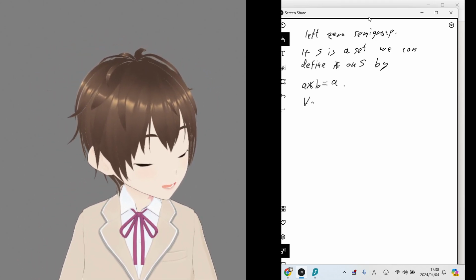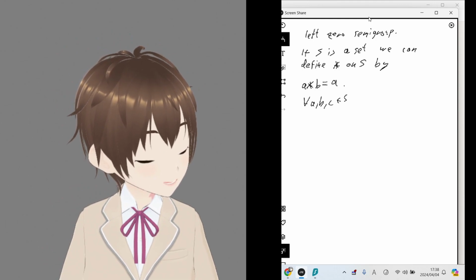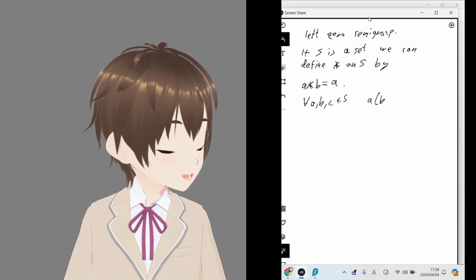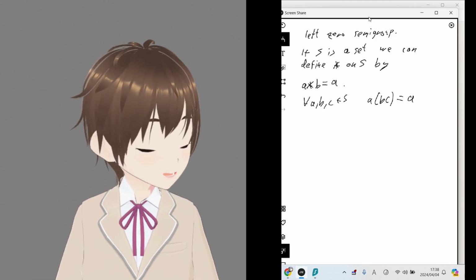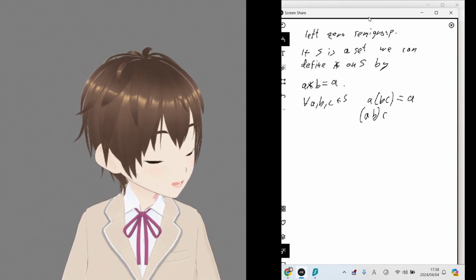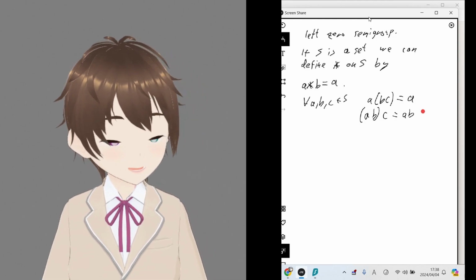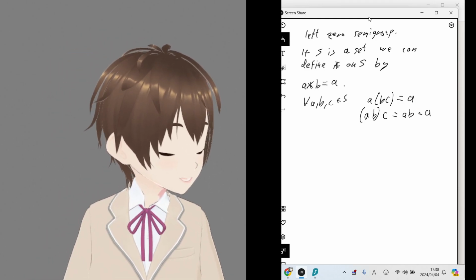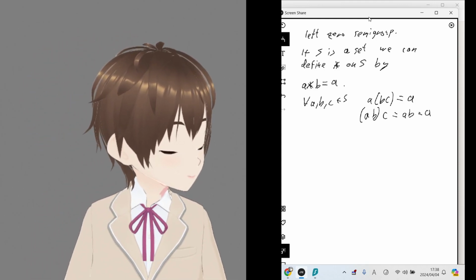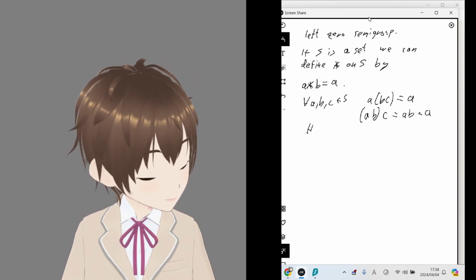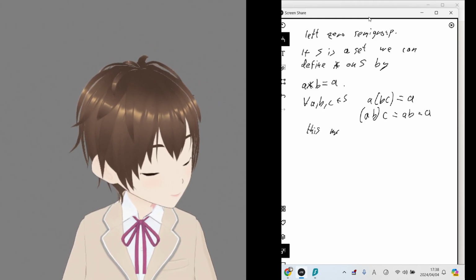For all A, B, and C in S, A times (B times C) is equal to A, because that's the left projection. And (A times B) times C is equal to A times B, because that's the left projection, which in turn is equal to A. So these things agree. This is associative, so this makes S a semigroup.